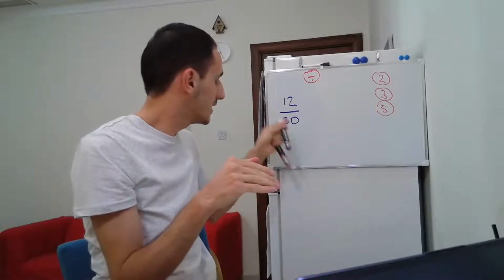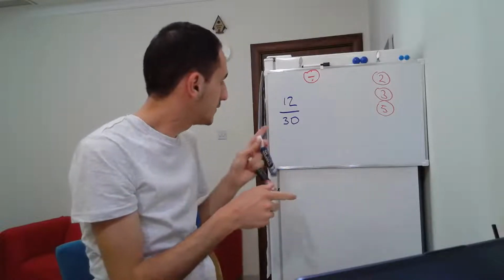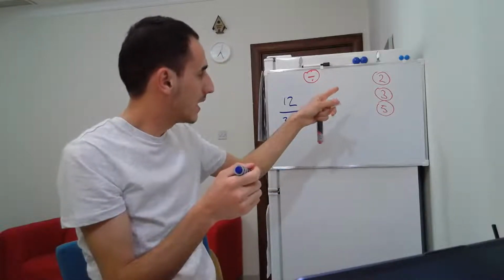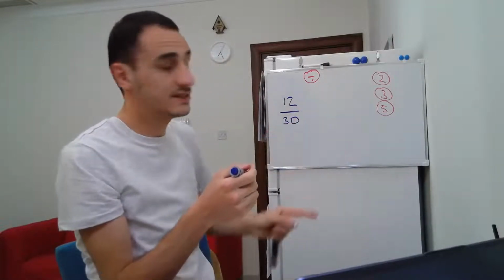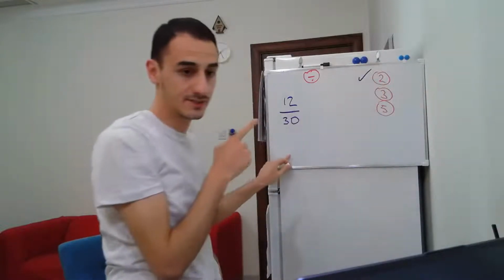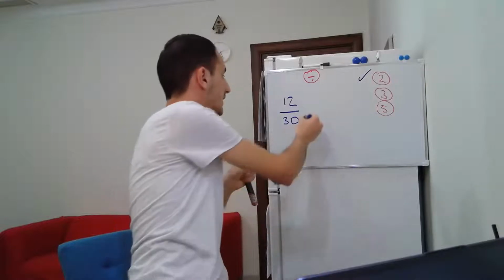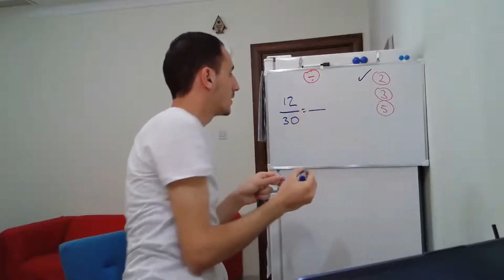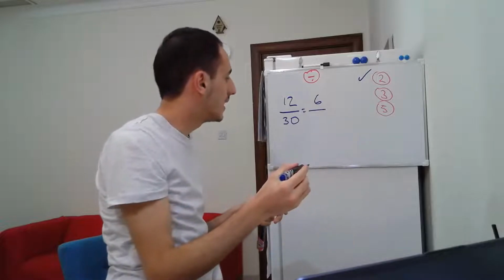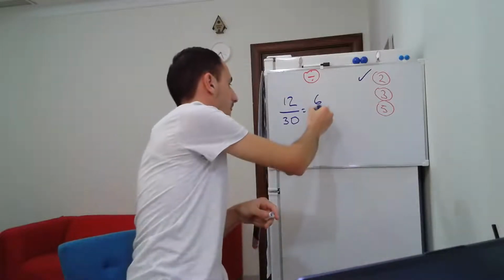So in our case, it is 12 out of 30. Now let's check 2. 12 is divisible by 2, 30 is divisible by 2. I divide by 2 first. 2 works, right? So 12 divided by 2 will be 6. 30 divided by 2 will be 15.